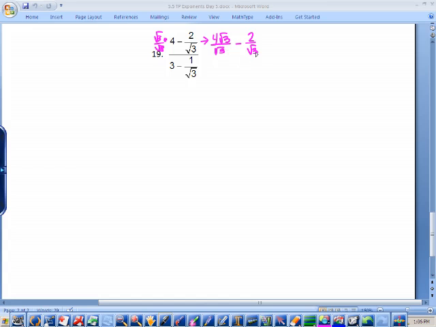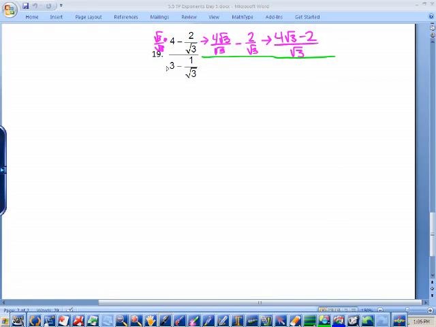So now do you see that we have common denominators? Yeah? So I can subtract my numerators. So I can write this as 4 root 3 minus 2 over root 3. Now, you could rationalize here if you'd like, I'm going to wait and do that at the end. Okay? So now I'm going to do the same thing with my denominator.